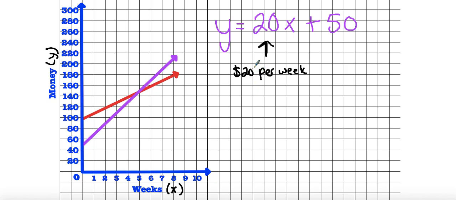And in this case, it's actually a unit rate, but it doesn't have to be a unit rate to be a rate. And here, our 50 is our initial value, because that's how much we started off with. Okay, so that's for the purple line.